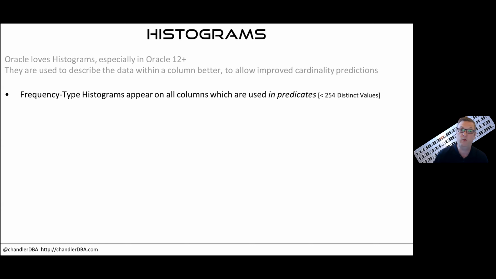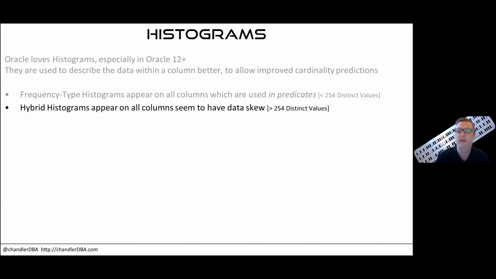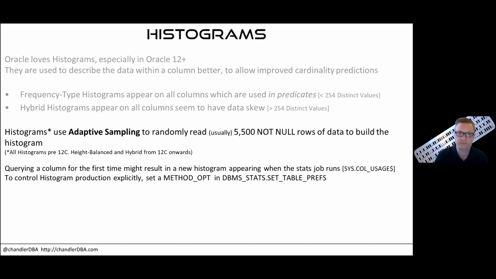This is from 12 onwards, and with default gathering in terms of your estimate, but you will get frequency type histograms on all columns used in predicates with low numbers of distinct values. And on any columns which have got data skew with more than 254 distinct values, you'll get a hybrid histogram. And Oracle is very, very into doing histograms to try and describe your data as well as possible.